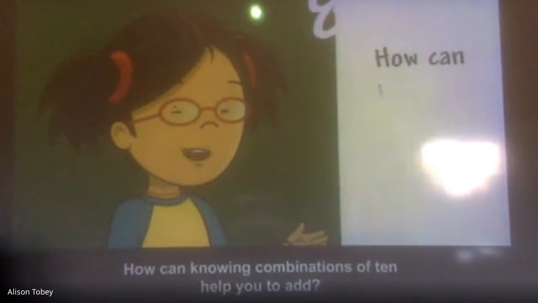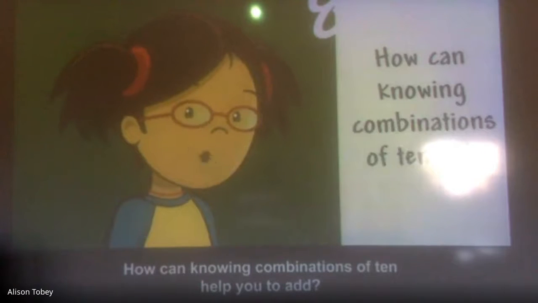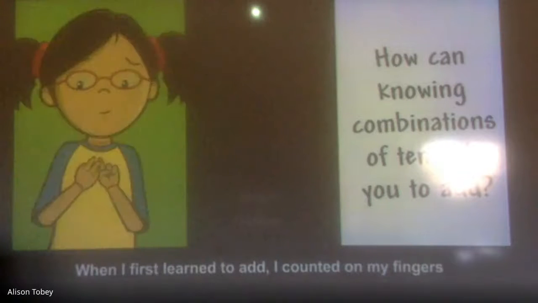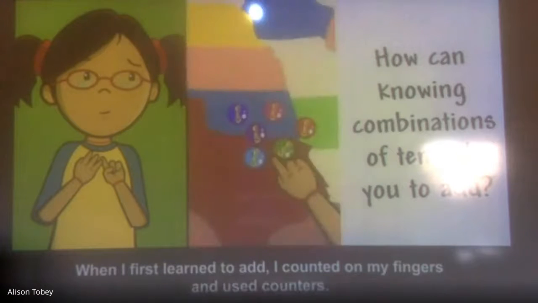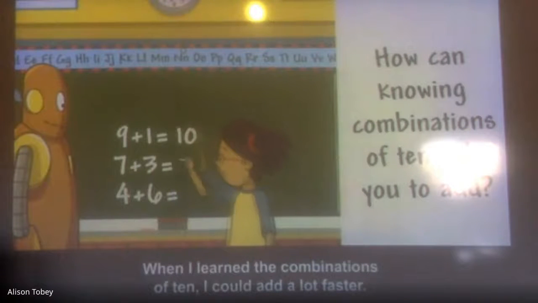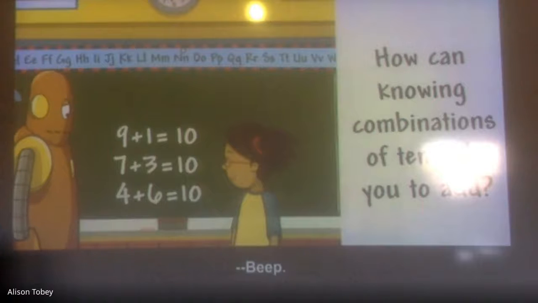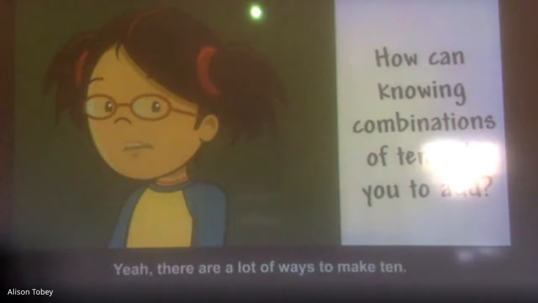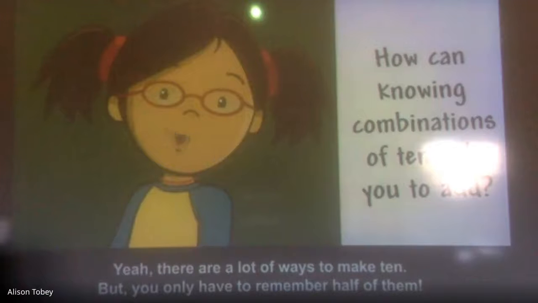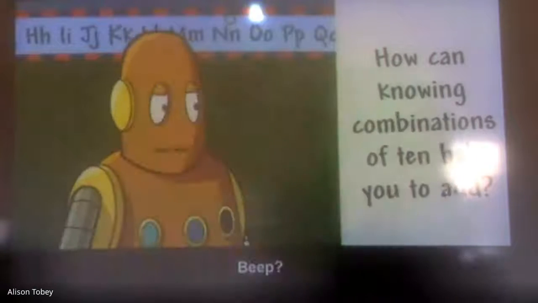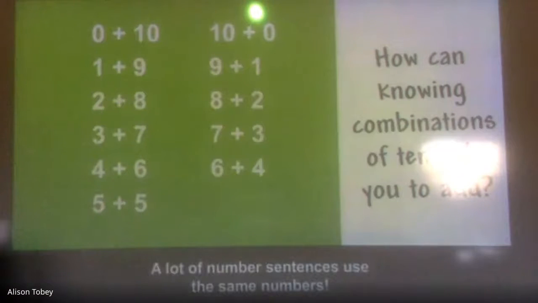How can knowing combinations of 10 help you to add? When I first learned to add, I counted on my fingers and used counters. When I learned the combinations of 10, I could add a lot faster. Yeah, there are a lot of ways to make 10, but you only have to remember half of them. A lot of number sentences use the same numbers.